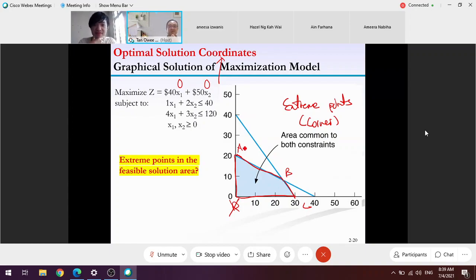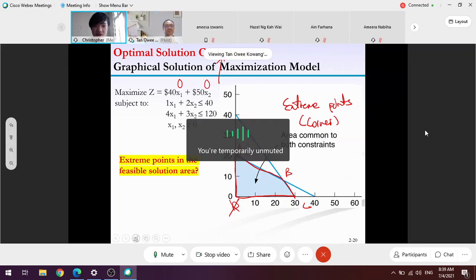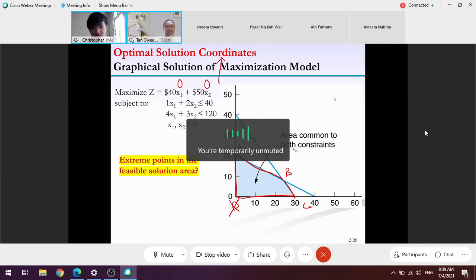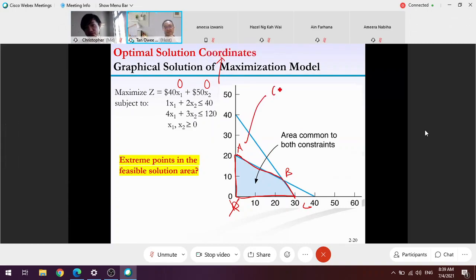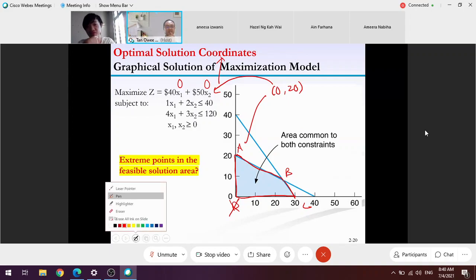A, B, C. So what is point A? A is 0, 20. So what I try to do now is calculate A. If I replace 0, 20 into Z, what will I get?